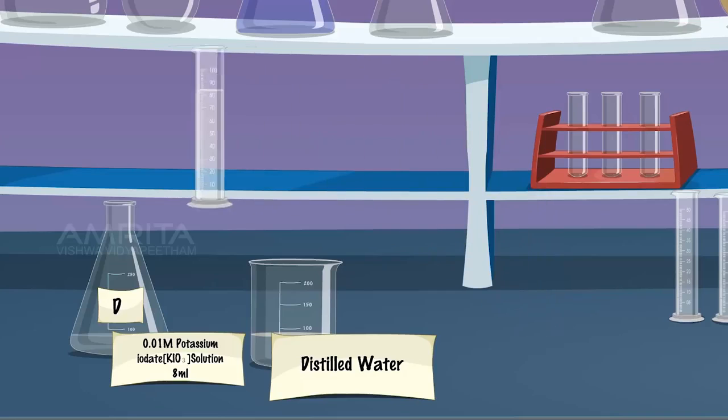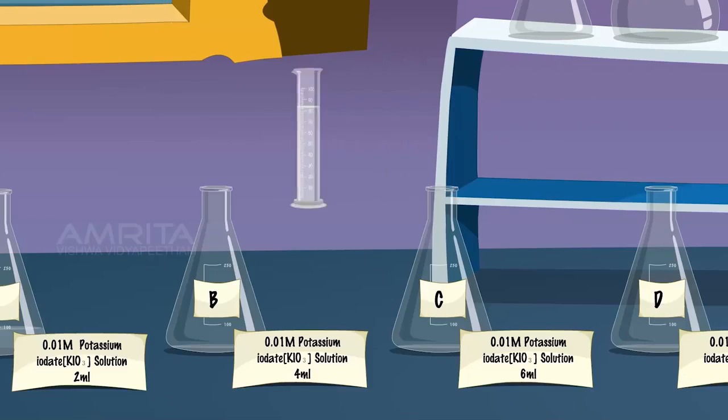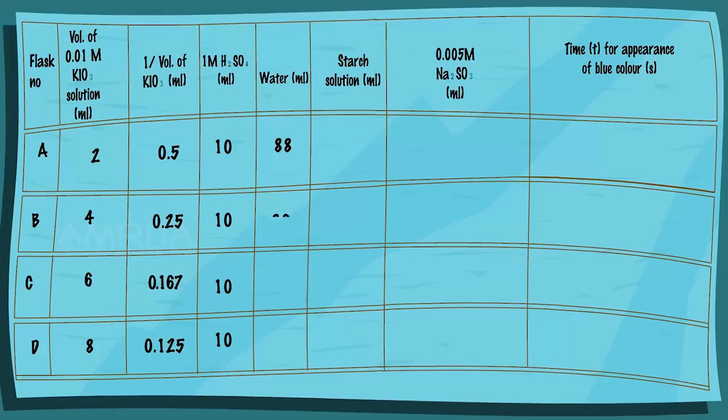Pour it into the flask B to make the volume of the solution 100 milliliters. Similarly, pour 84 and 82 milliliters of distilled water to the flasks C and D respectively to make the volume of the solution 100 milliliters.